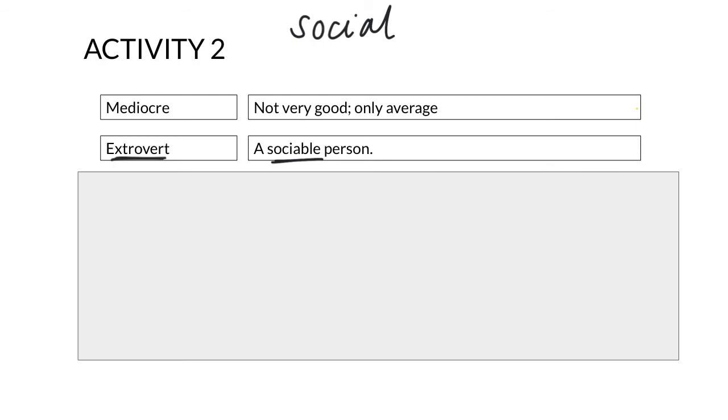Now, extrovert, just so you know, the ex obviously means out, vert means to turn. So if you're an extrovert, you're literally turning outwards towards other people. Our example sentence for extrovert is, I hate parties because there are too many people, but my sister, an extrovert, loves them.